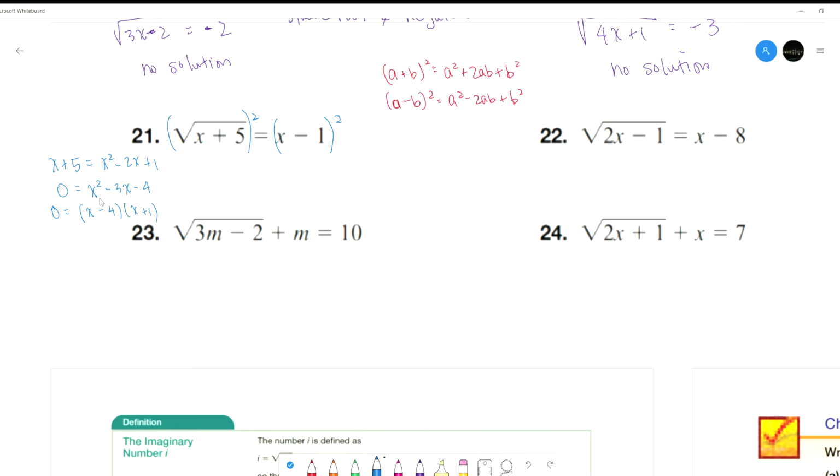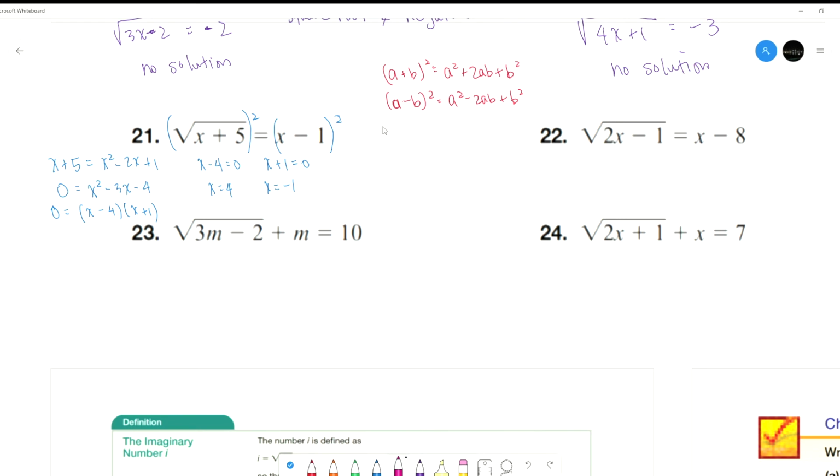Practice your factoring, make sure you're really good at it. Now you can set each factor equal to 0 using our zero factor rule. So you have x minus 4 is equal to 0, x plus 1 is equal to 0, and solve for x. x is equal to 4 or x is equal to negative 1.